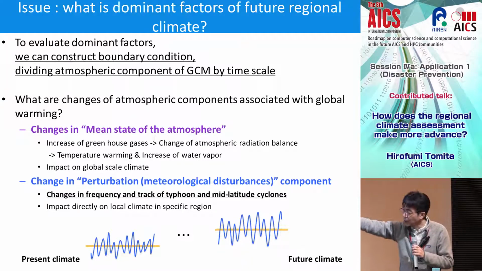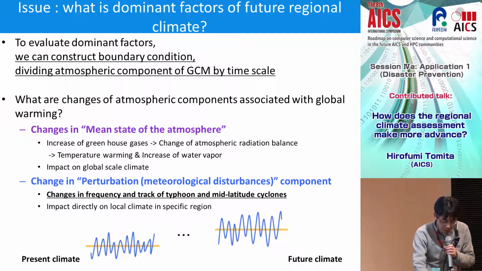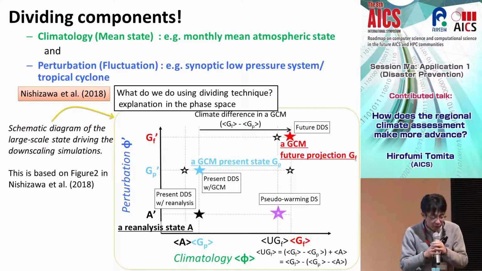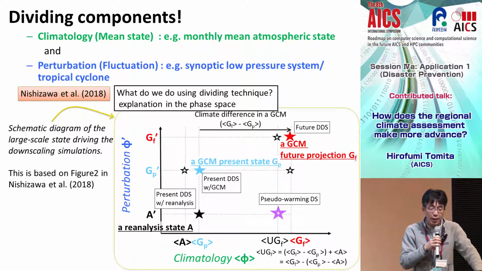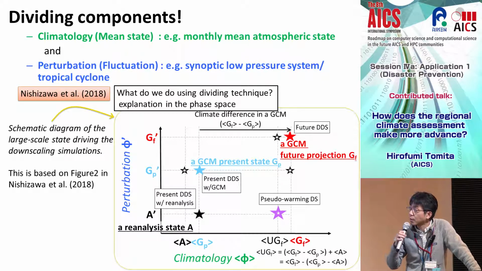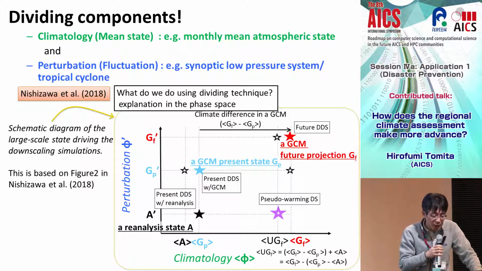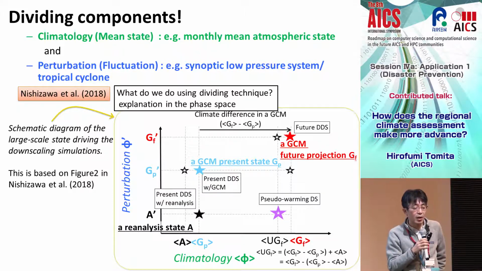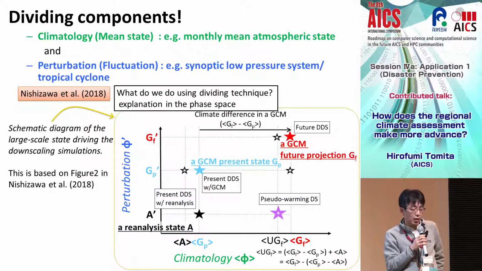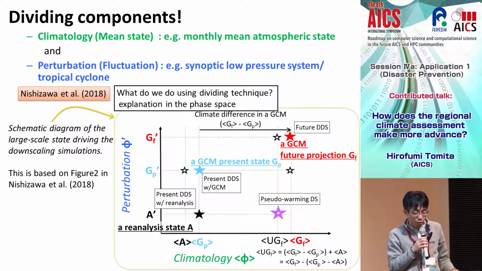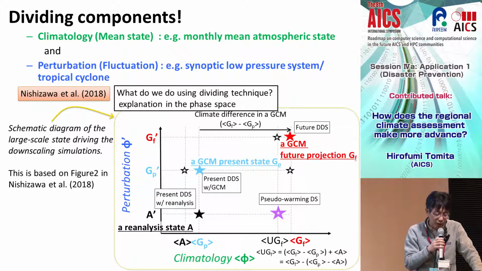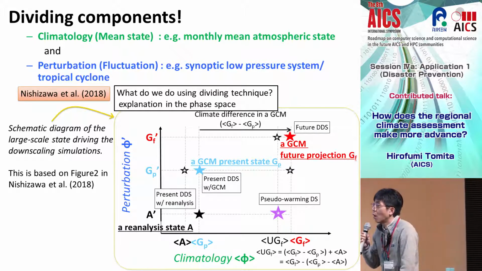So the final picture is some schematic figure. Okay, so we divide components into climatology and perturbation. Here, we can imagine the climatology as a monthly mean atmospheric state, and perturbation is, for example, a synoptic scale low pressure system, and also tropical cyclone.